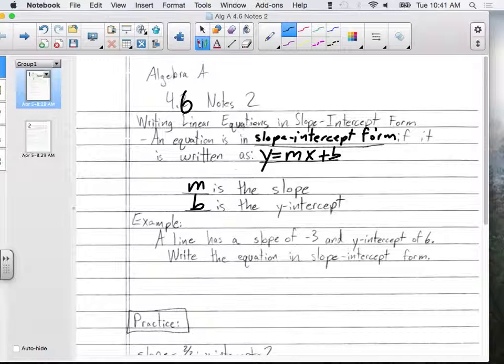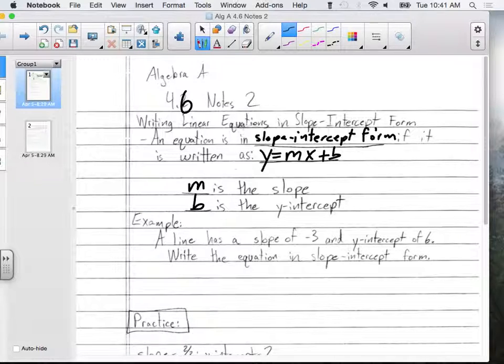If we just follow our order of operations, we multiply. What's m times 0? 0. And then 0 plus b is? Just b, right? So our x value is 0, and we found y to equal b, so we have ordered pair (0, b), right?